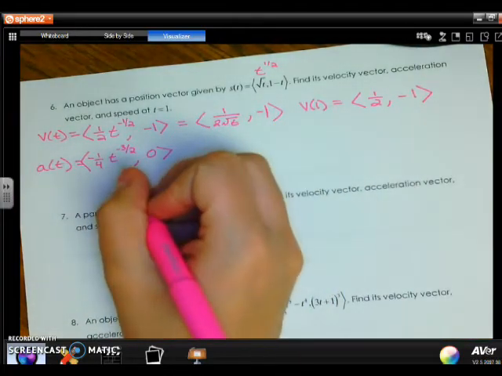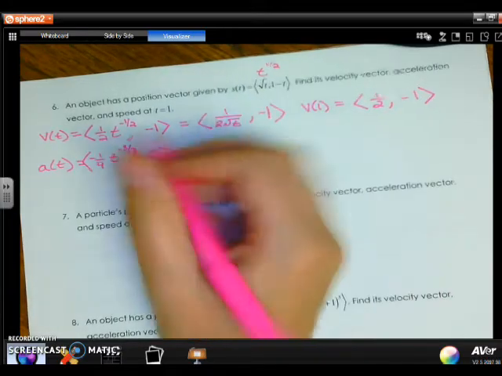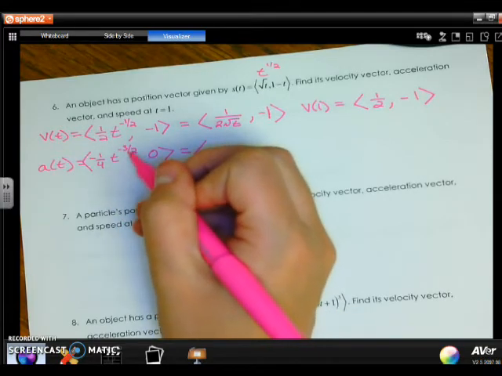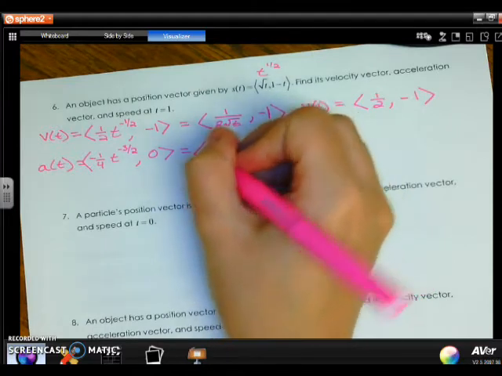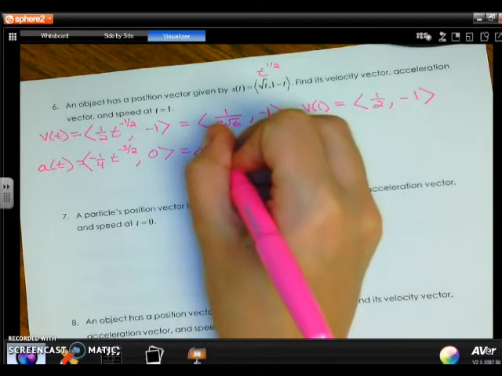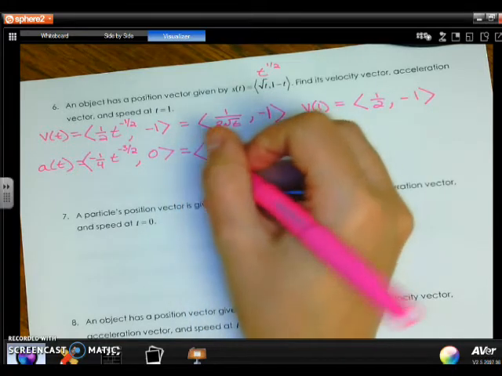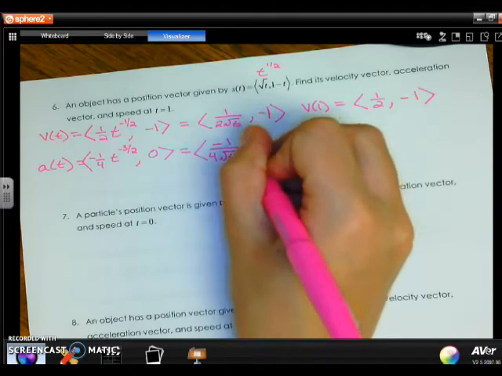And now the acceleration, very similarly, I would just take a second to rewrite that. A negative exponent means I'm going to pop it into the denominator, power over root, so it'll be the square root of t cubed. And it is still negative in the numerator there, so it's going to be negative 1 over, I still have a 4, and then the square root of t cubed, comma, 0.